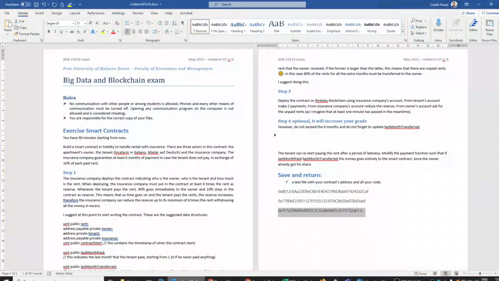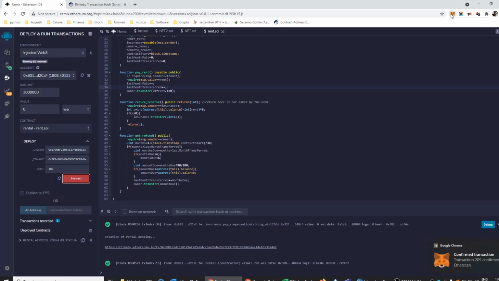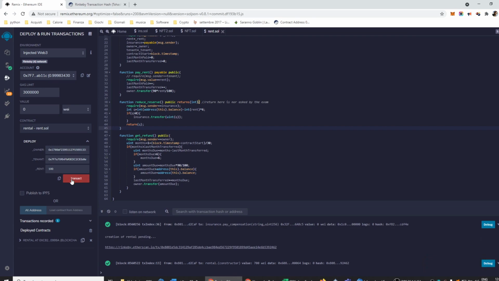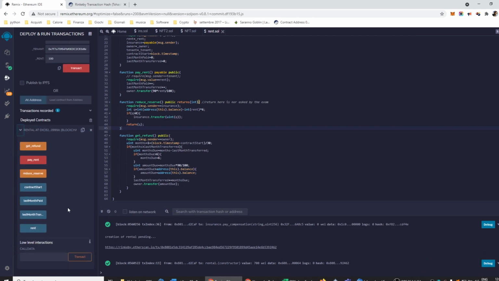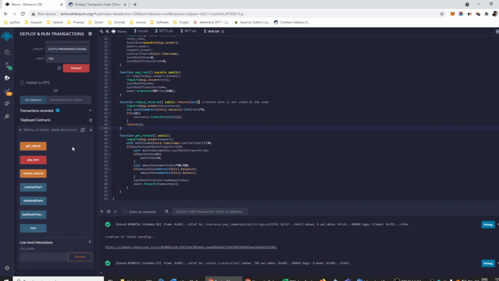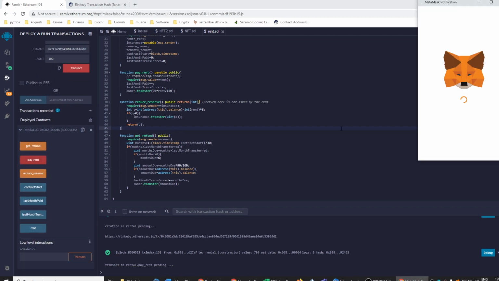Okay, what do I have to do now? I have to pay 2 payments from the tenant address. So in the meantime, I switch to the tenant, which is the third one. I make 2 payments. So pay rent. Every time I have to pay 100 wei, otherwise it will be rejected.